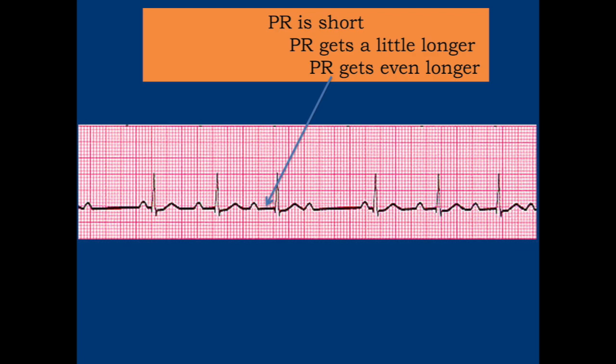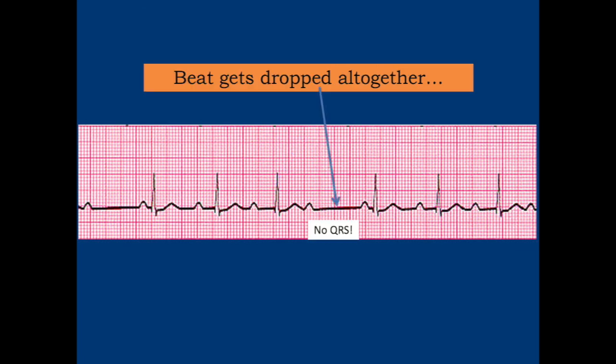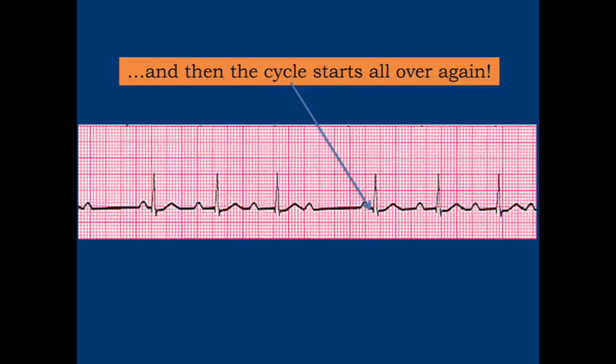So we're short, medium, long, and then the next beat, we don't even have a conduction to the QRS, to the ventricles. So if you look through these slides, you'll see PR is getting longer, longer, longer, and then there's a drop beat. And then we start that cycle all over again.